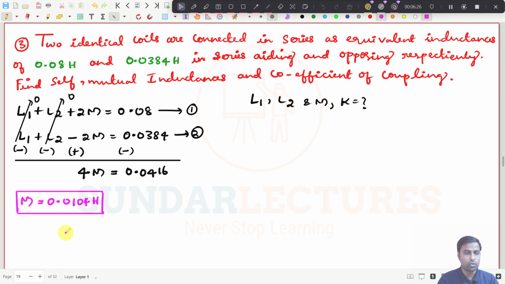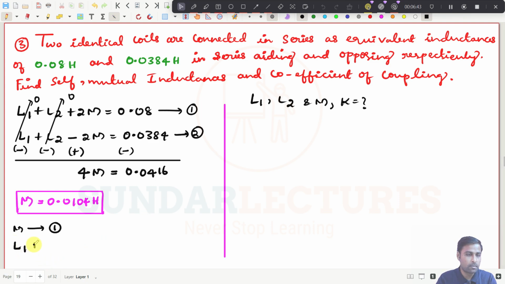Now you just substitute this M in expression number 1 or 2, and you will get the value straight away. So substitute in expression number 1. What do you get here?